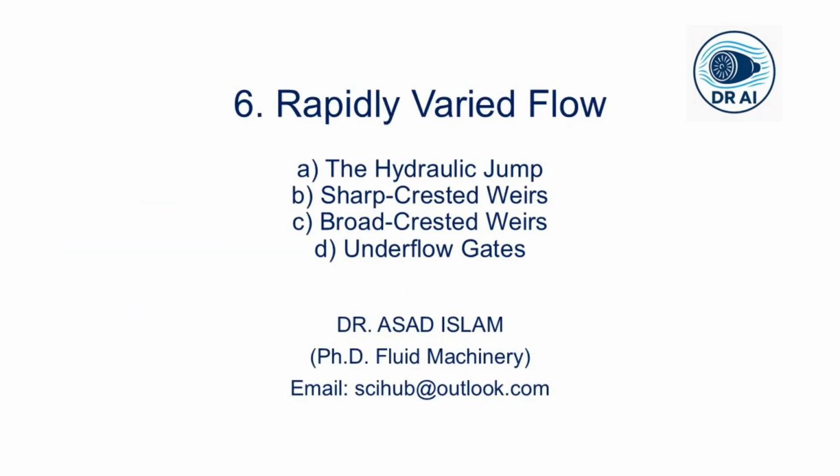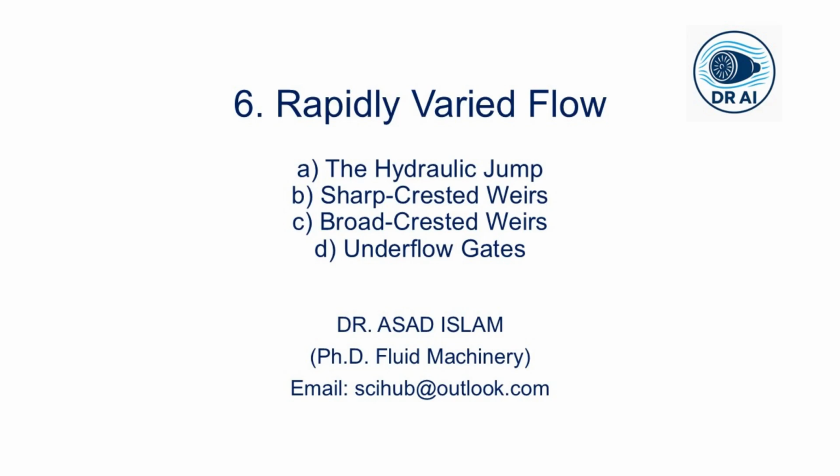So this brings us to our next topic, rapidly varied flow. In this section, we will study the phenomena where the depth changes abruptly over a very short distance. We will analyze the hydraulic jump, where supercritical flow crashes into subcritical flow, dissipating enormous amounts of energy.